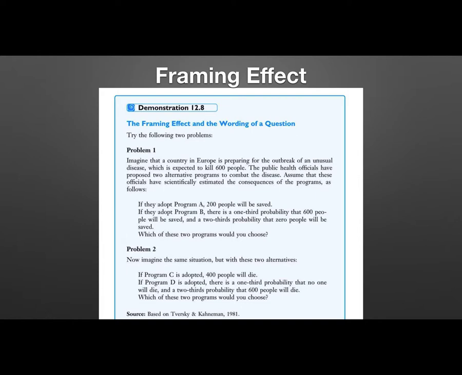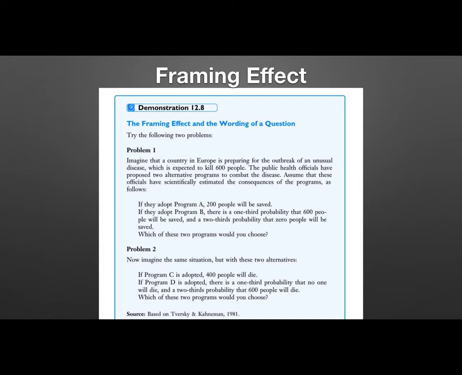Program D, there's a 1/3 probability that no one will die, and a 2/3 probability that 600 people will die. So all of the people will die in that case. But we're framing it now in terms of people that die, not people that live. What we see on the first one is that 72% choose program A, saving the 200 people.